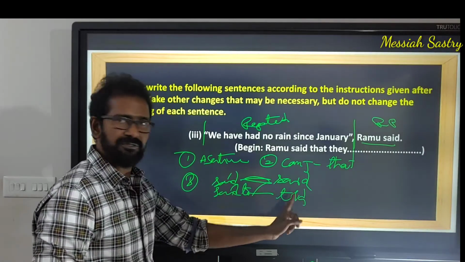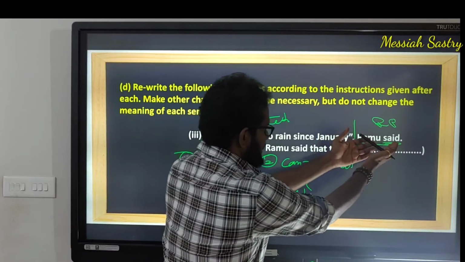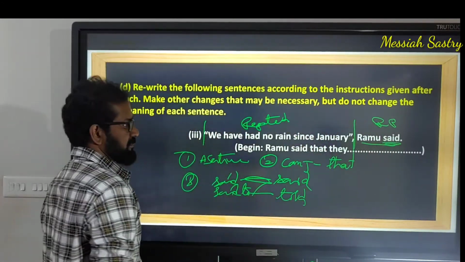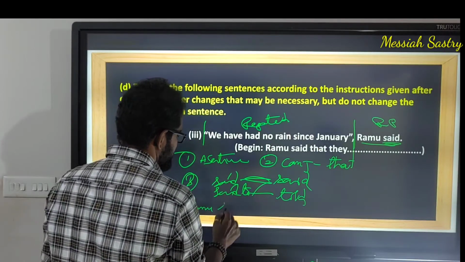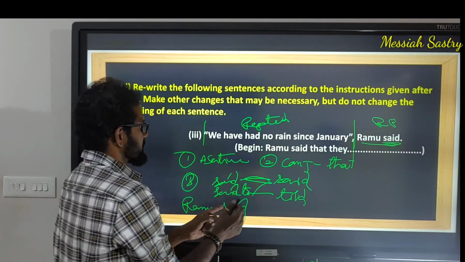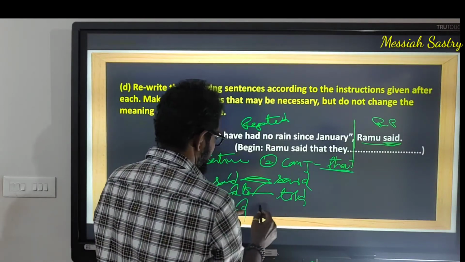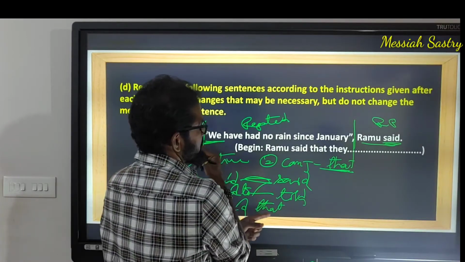Here there is only said, so we always begin indirect speech with the reporting clause: Ramu said. We are not writing told here because only said is given. Ramu said that we.